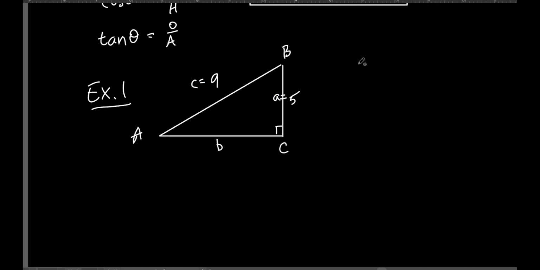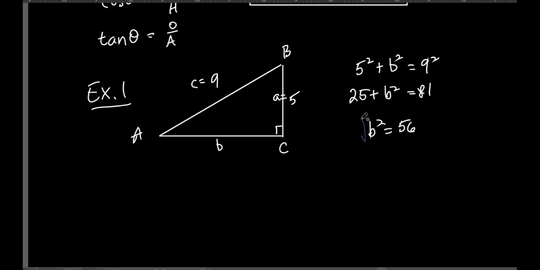So let's do the math. 5 squared plus b squared equals 9 squared. That's 25 plus b squared, and that's 81. Subtract 25 from both sides, and what do you get? 56.